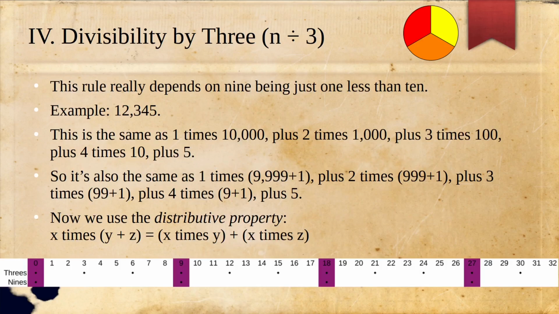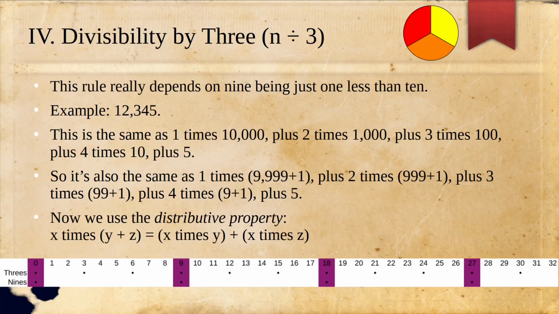While the rule is simple to use, the way it works is a bit subtle. It also depends on 9s more so than 3s, but remember that every multiple of 9 is also a multiple of 3. As you can see below, counting up by 9s is just counting up by 3 3s at once. Take the example of 12,345, whose digits add up to 15, but let's pretend we don't know the rule yet. 12,345 is the same as 1 times 10,000, plus 2 times 1,000, plus 3 times 100, plus 4 times 10, plus 5.